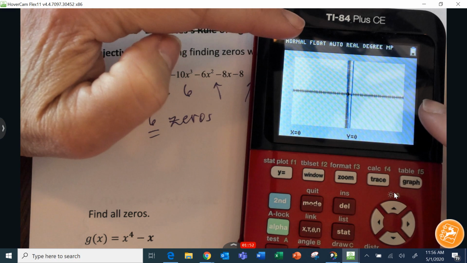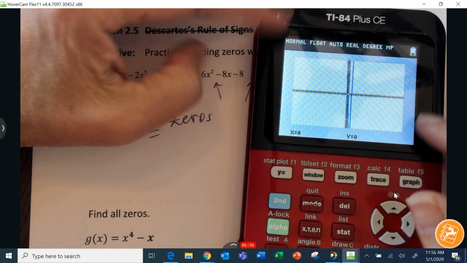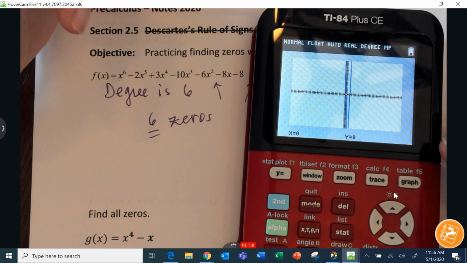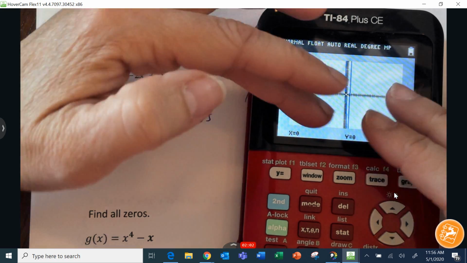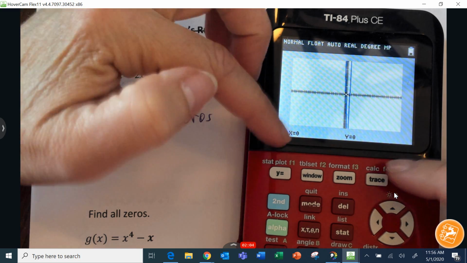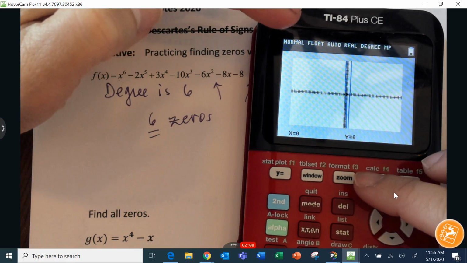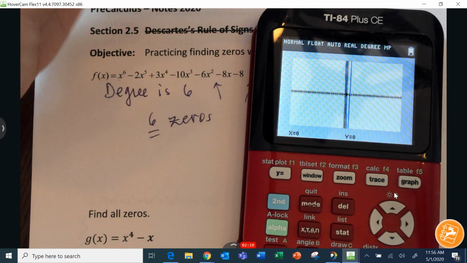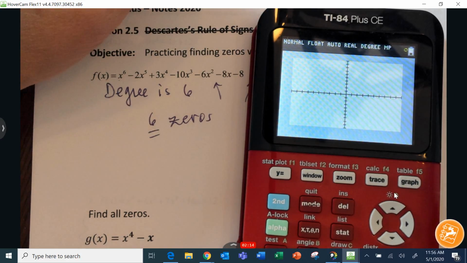You can keep zooming out. I promise you, I'm not going to give you anything on an assessment that you have to zoom out 20 times to be able to figure it out. It's going to be basically in that screen, or maybe one zoom out. Or maybe you have to zoom in to figure things out. But I'm not going to make it so super difficult that you have to zoom out 10 times to figure it out. So anyway, zoom 6.